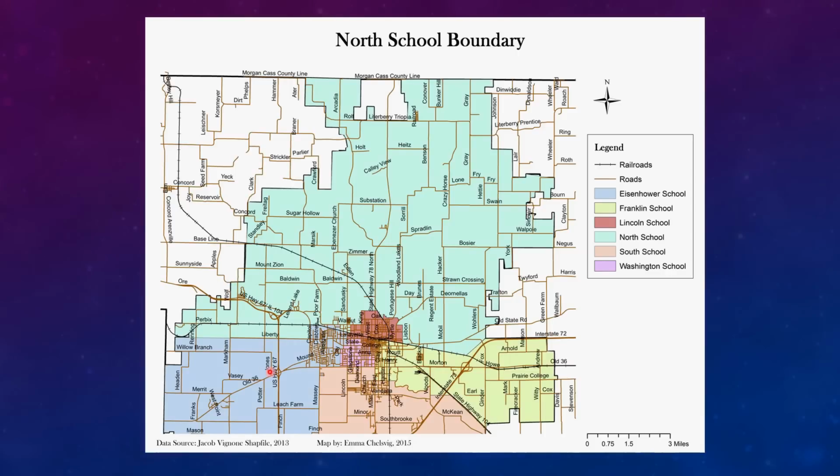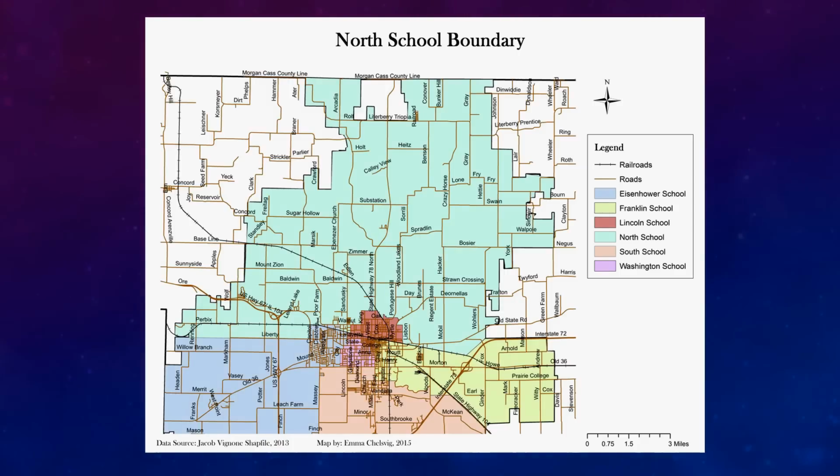Given the fact that Eisenhower will lose 29 students and North will lose 43 students, and both will lose their 6th grade students to Jacksonville Middle School in the fall of 2018, both schools will have a reduction in enrollment between 60 and 80 students. This means that we can place students at either Eisenhower or North from Franklin, Lincoln, or Washington in any future scenario.